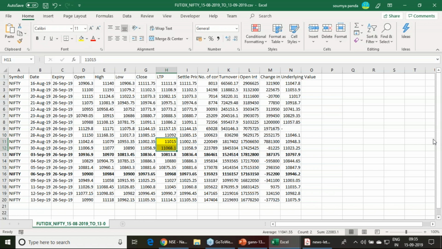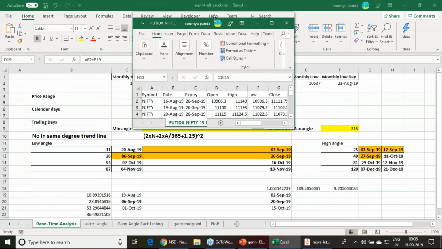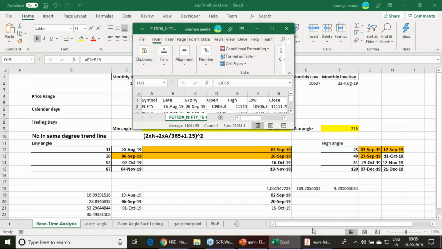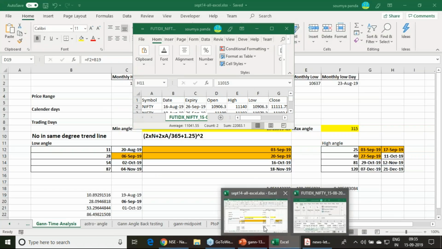So on 3rd, what are you expecting? Based on these things, what will be your expectation for the 3rd? You have to see what happened on the 30th. Based on that, it will have the opposite action. You have to get it here. Where has that Excel sheet gone?